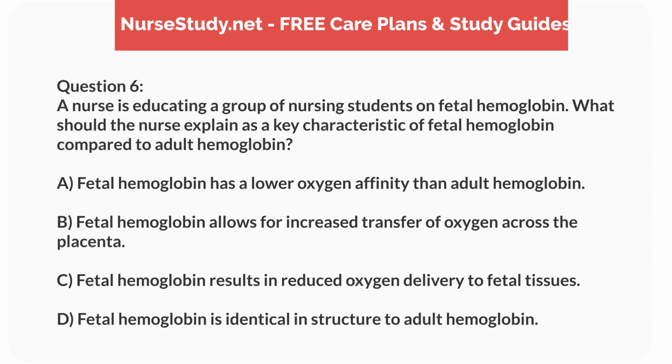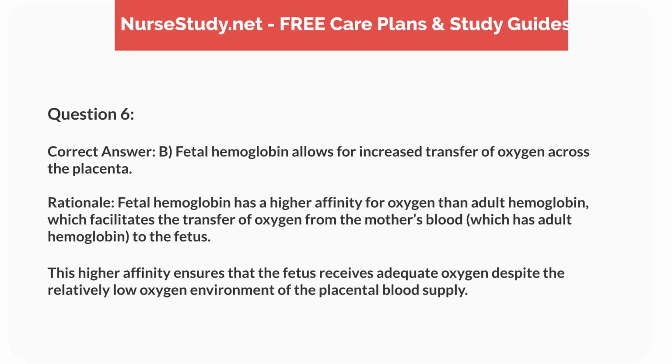C. Fetal hemoglobin results in reduced oxygen delivery to fetal tissues. D. Fetal hemoglobin is identical in structure to adult hemoglobin. Correct answer: B. Fetal hemoglobin allows for increased transfer of oxygen across the placenta.